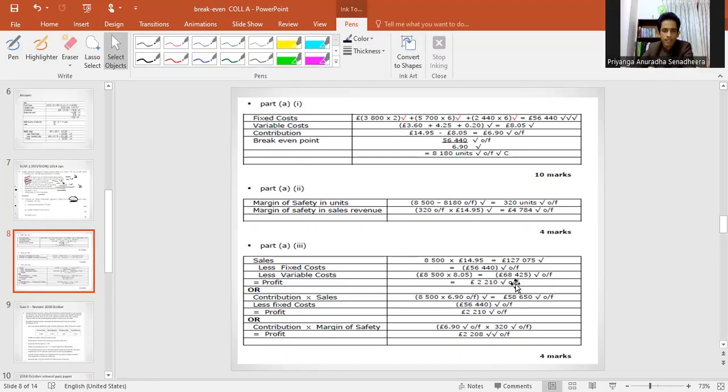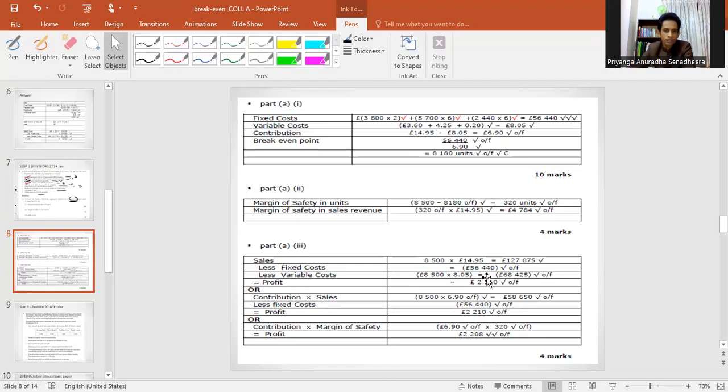Then you get 68,425. So when you deduct these two items, the variable cost and the fixed cost from the revenue, you get the answer 2,210 as your profit.